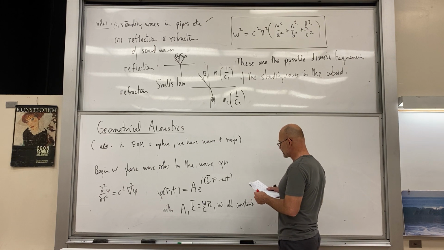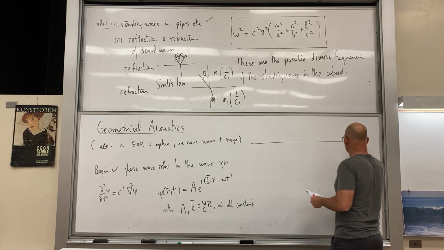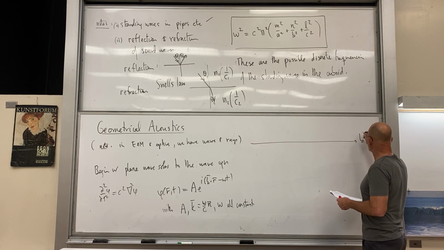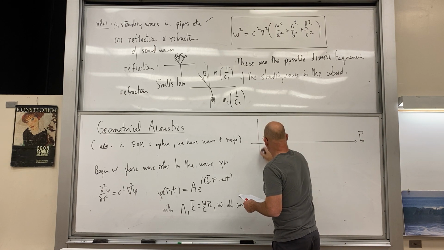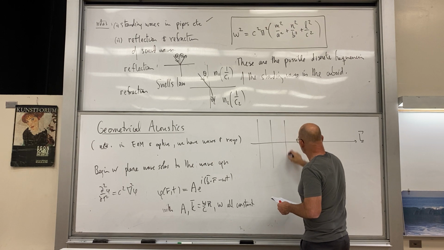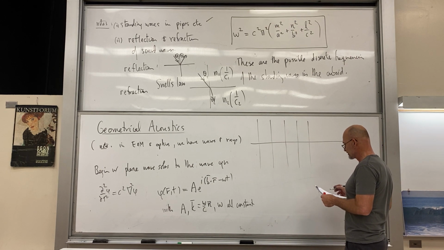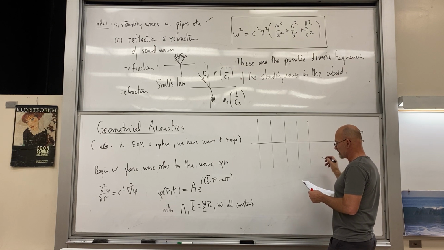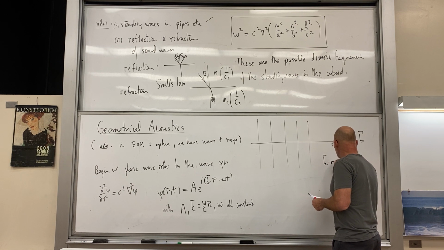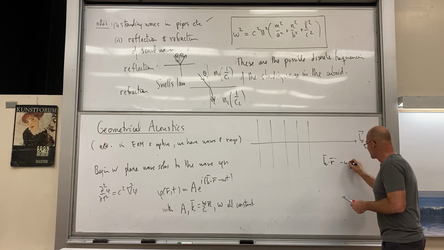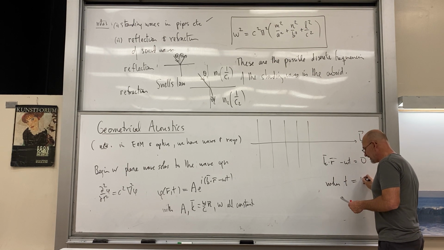And the picture that goes with this is like so. So we'll just make this the direction of propagation. So this is our k vector direction. And these are wave fronts. Well, let's just say k dot r minus omega t equals 0 when t is equal to 0.